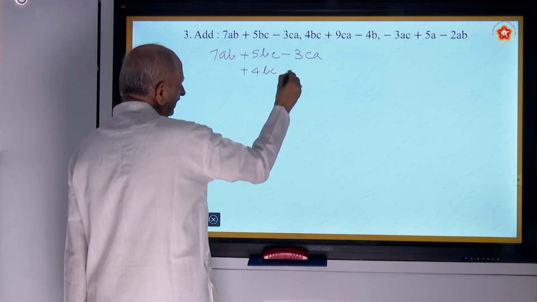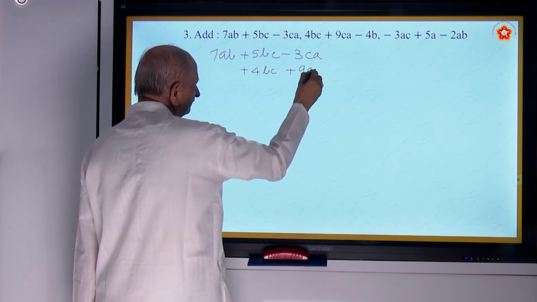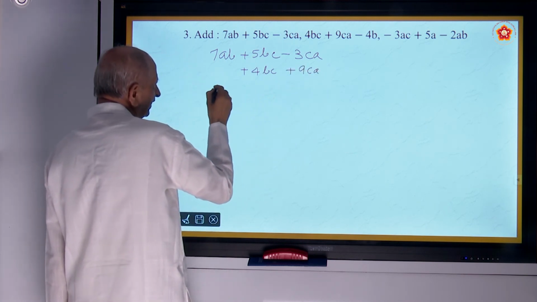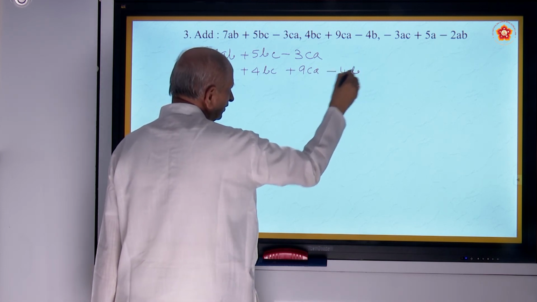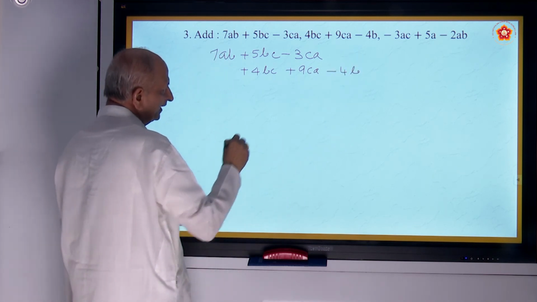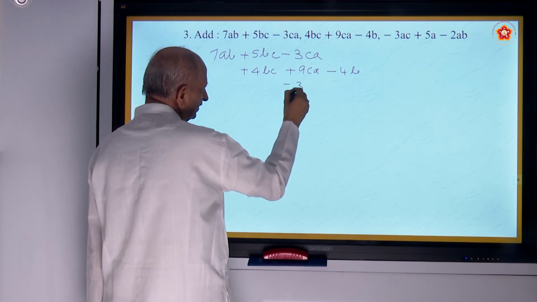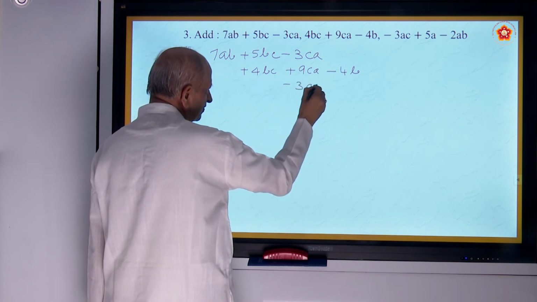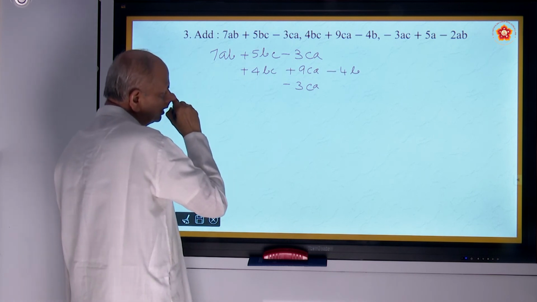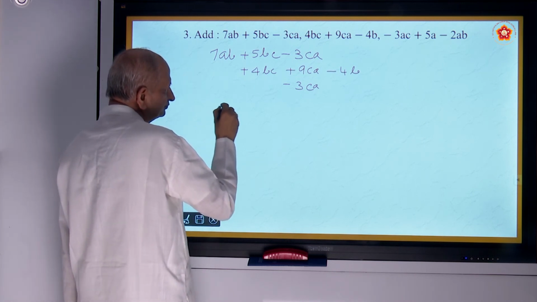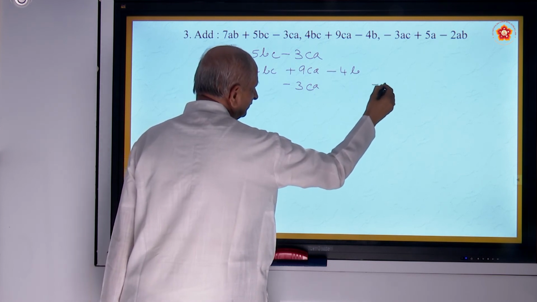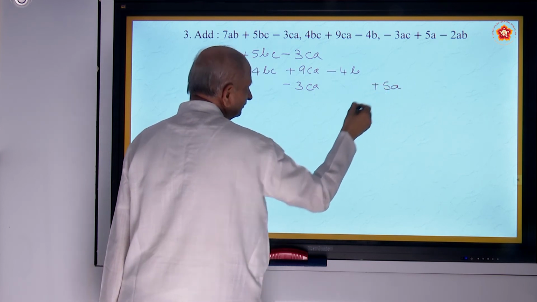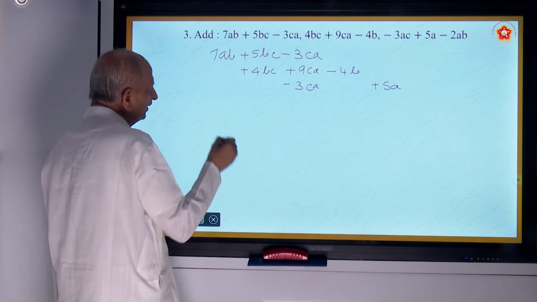Then 9ca under ca. Minus 4b separately because it is not there. Lastly, minus 3ac. AC and CA are same. Let it be CA only. Then 5a is not here, so write separately plus 5a. Minus 2ab.